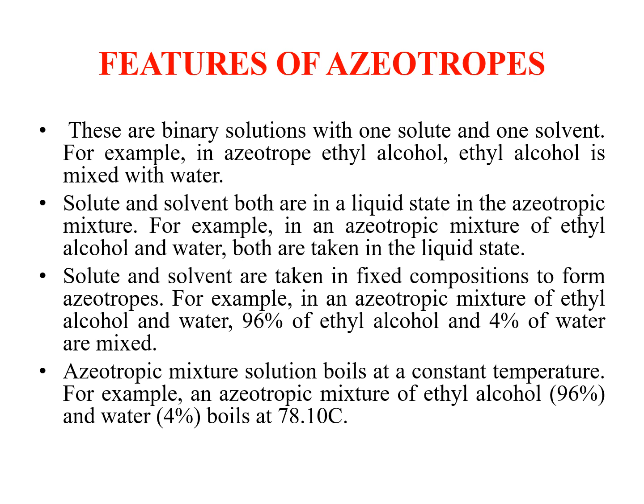For example, in an azeotropic mixture of ethyl alcohol and water, 96% ethyl alcohol and 4% water are mixed. This azeotropic mixture boils at a constant temperature of 78.10 degrees.